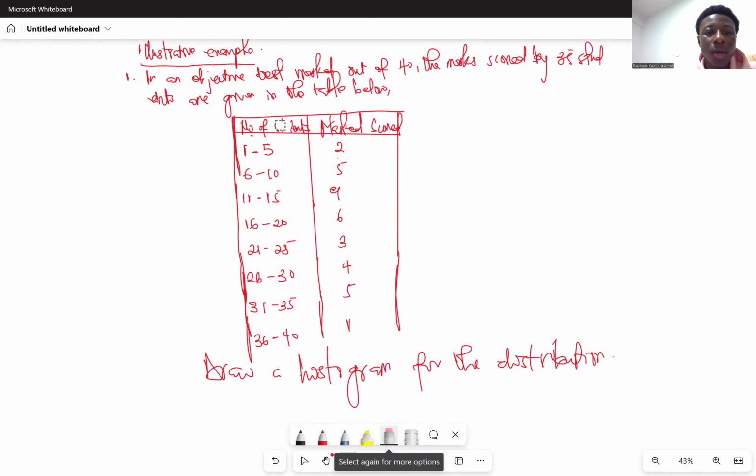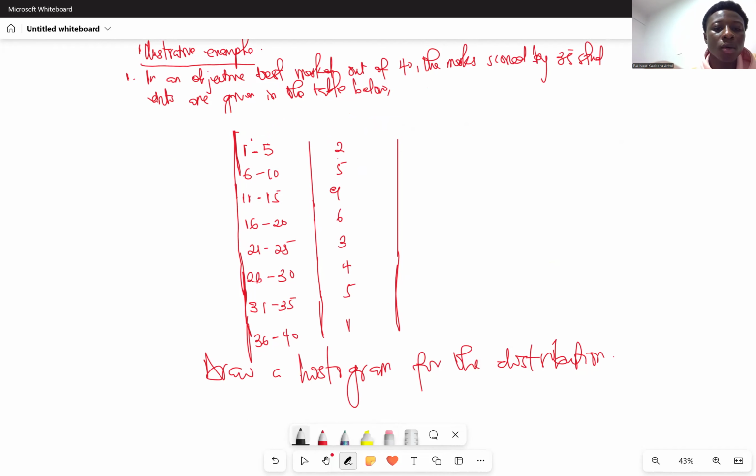So I'm trying to see. This section should be marks scored. Yeah, you have to swap marks, right? Scored. My bad. I don't have space. Okay, we'll see how to improvise. So this section should be marks scored.